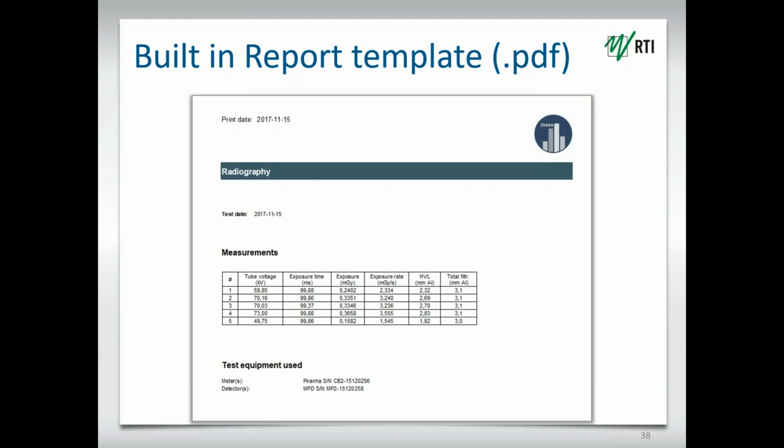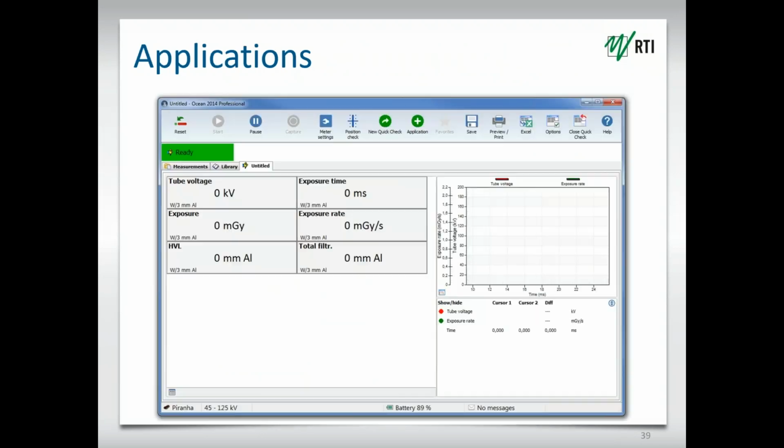Test equipment used, of course, is then the serial number of the equipment being used to make that test, to have some form of documentation of that as well for traceability purposes. Now, this is then presented as a preview. It can then be generated into an Excel file, which can be printed, of course, and then given or handed over or filed for future reference.